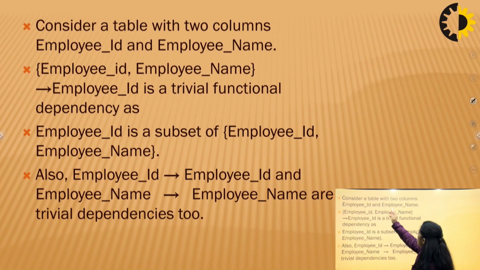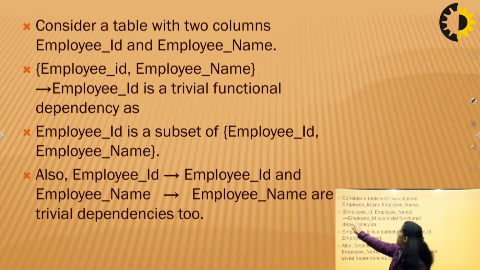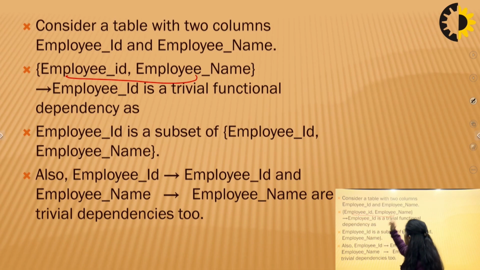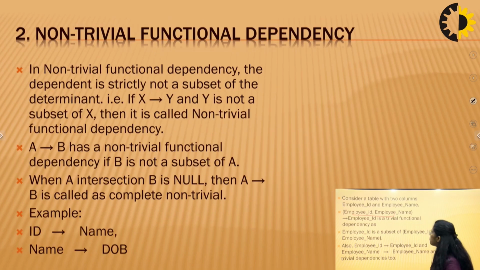Consider a table with two columns, employee ID and name. So the combination of employee ID and name will be identifying the ID only. So this is a trivial functional dependency, as it is a subset of this left hand side. Also, employee ID to employee ID and employee name to employee name are trivial functional dependencies too, because these are the subset of this particular left hand side.